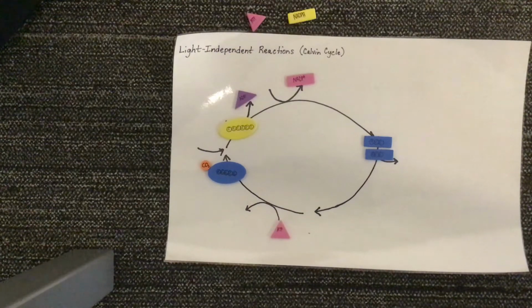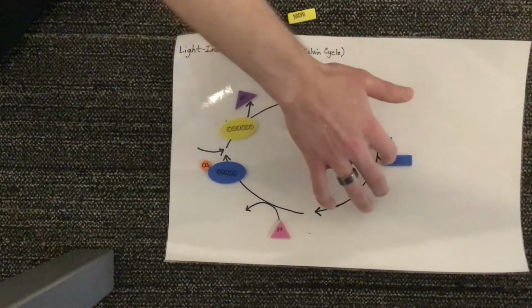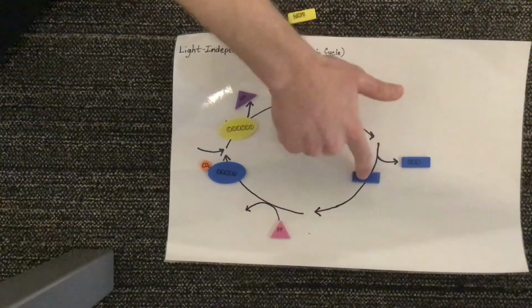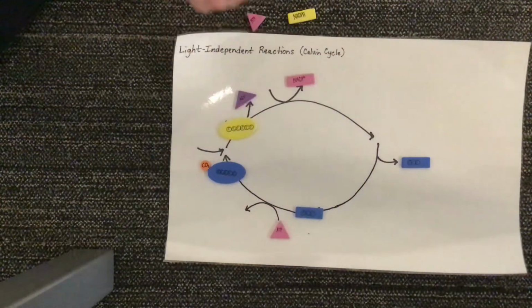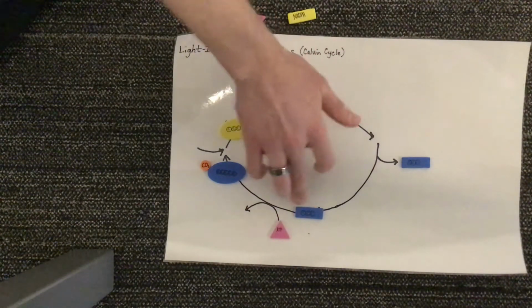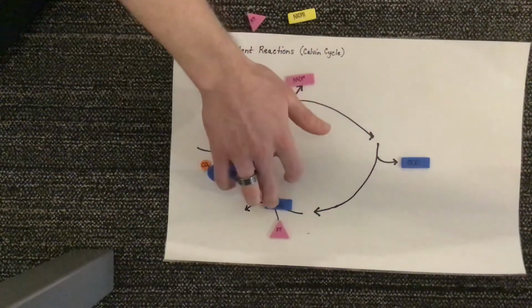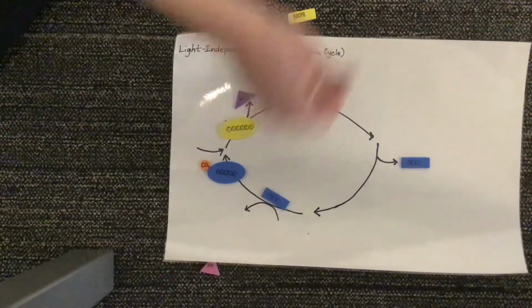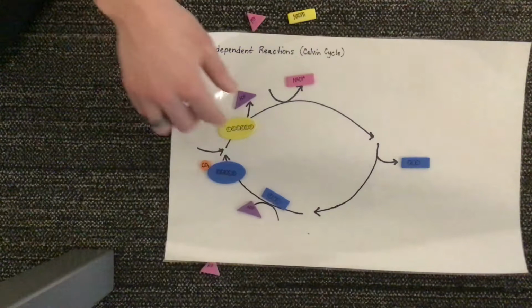Okay, so one of these 3-carbon molecules is going to leave the cycle, while the other one is going to continue on through the cycle. Okay, now the one that is continuing on through the cycle is going to meet up with ATP, and ATP is going to bump into it and be converted again to ADP. Okay?